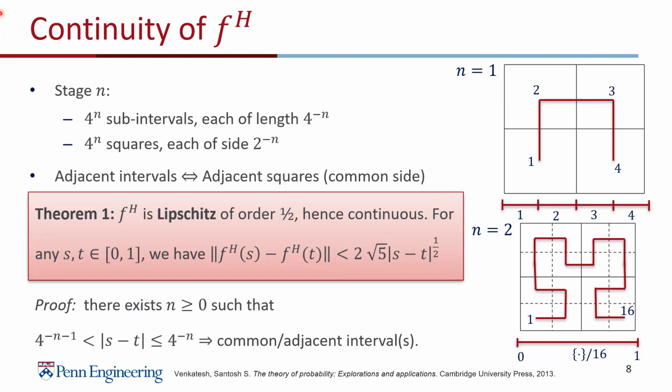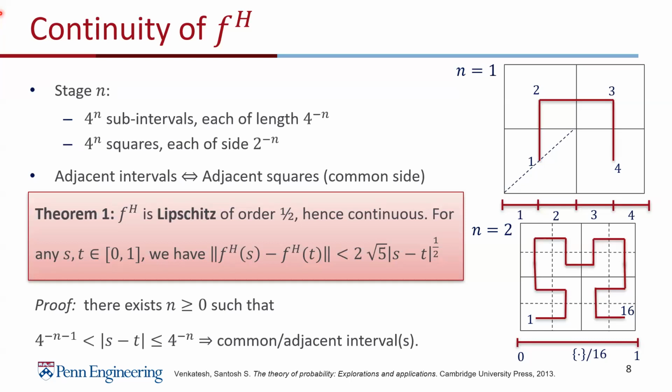But this also means that s and t are in adjacent subintervals or in the same subinterval. Because the size of a subinterval is 4^-n, and this upper bound tells you that s and t will at most be in adjacent subintervals. But it also means that if they are in adjacent subintervals, they are in adjacent subsquares, and we can bound that distance as well.